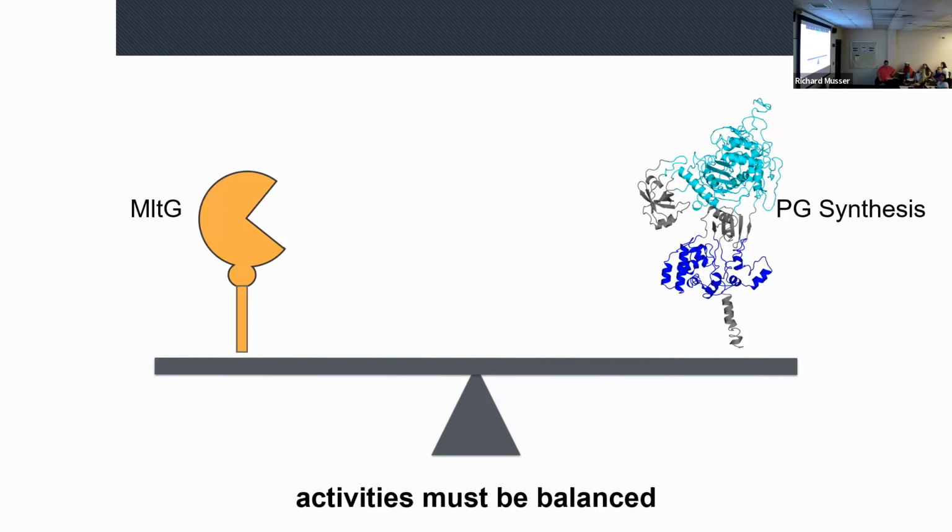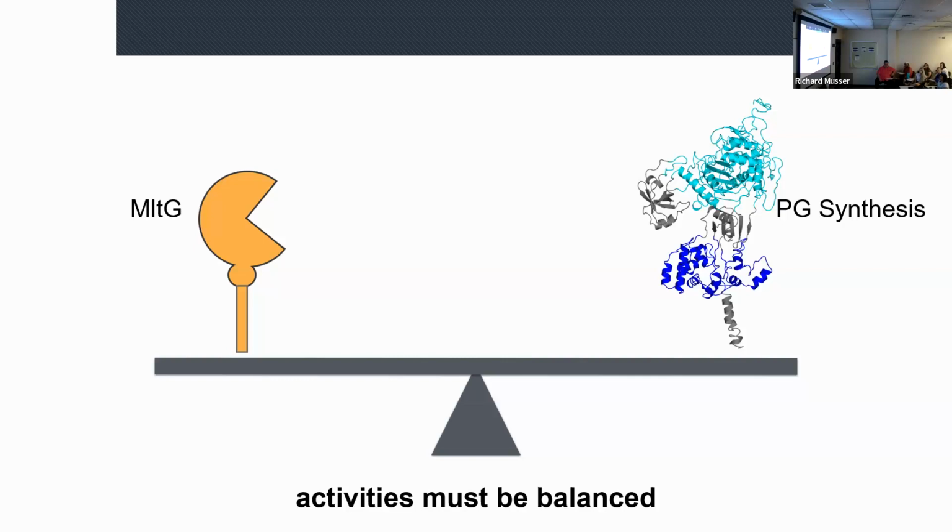If this is the case, it would be expected that any lytic transglycosylase that participates in recycling would also be a suppressor of the salt sensitivity phenotype. And we know that many of the other lytic transglycosylases in E. coli do participate in recycling.